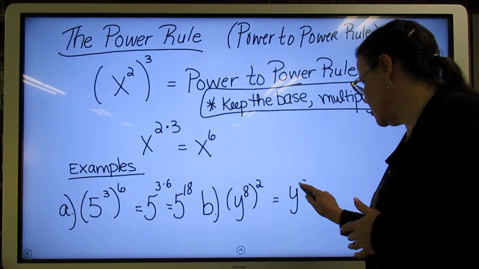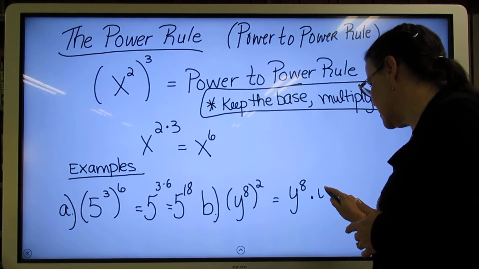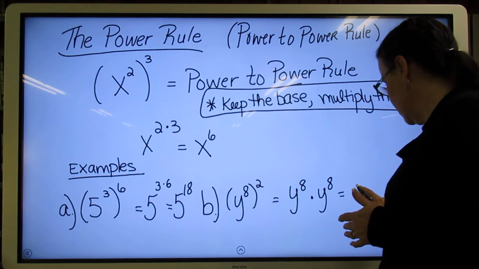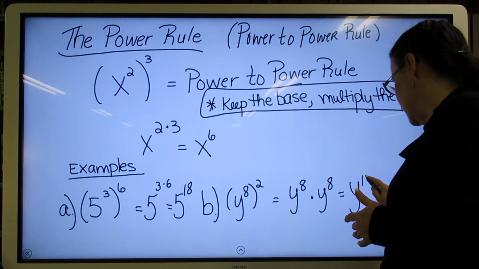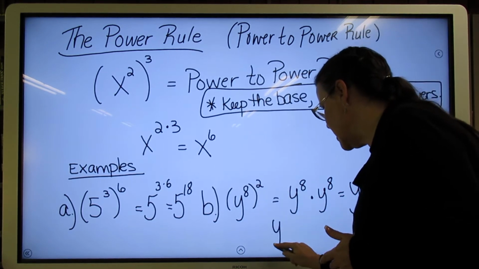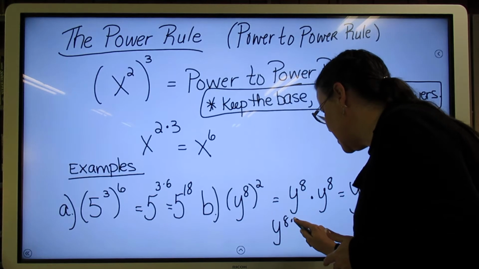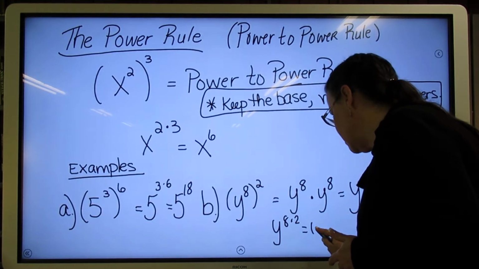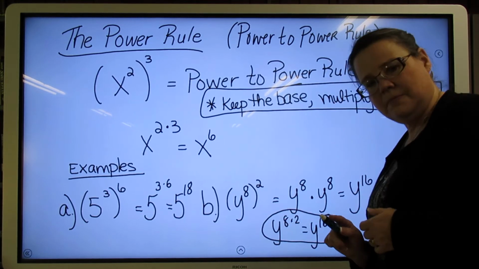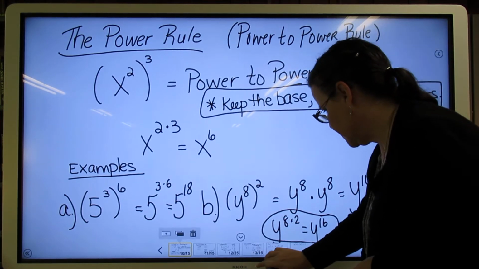And you're basically doing y to the 8th times y to the 8th. And then this would be your product rule, and that would be y to the 16, because you would add those. But the power to power rule, you're going to take y to the 8th and times 2, and you would still get y to the 16th. Right? Okay?